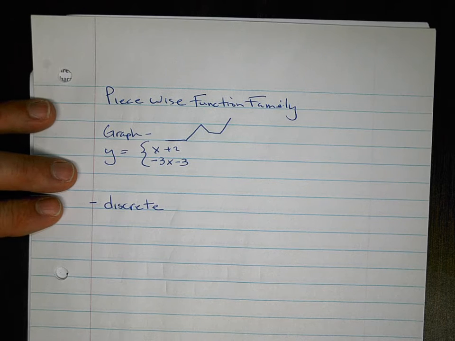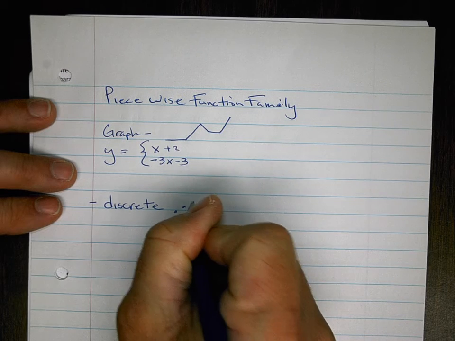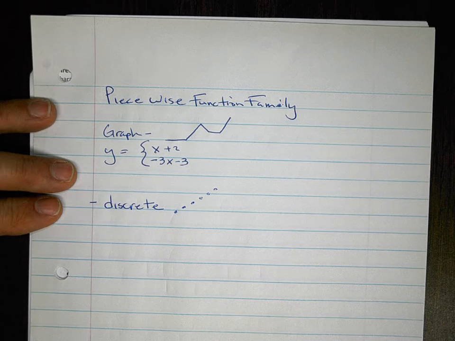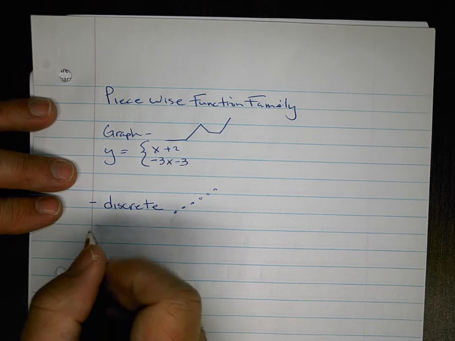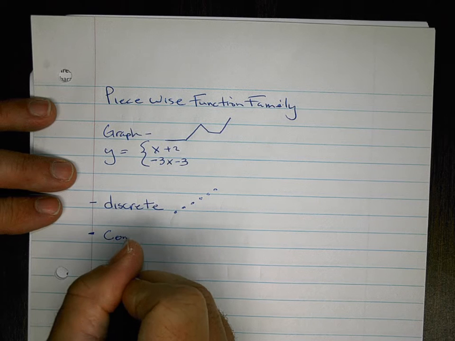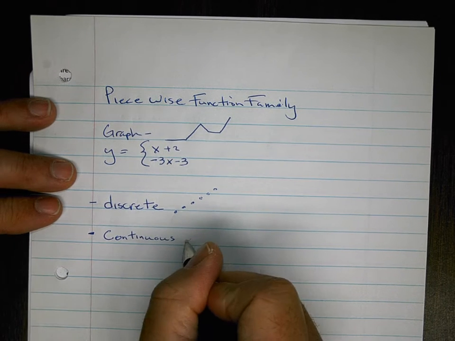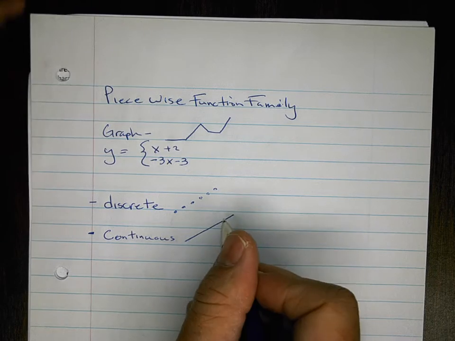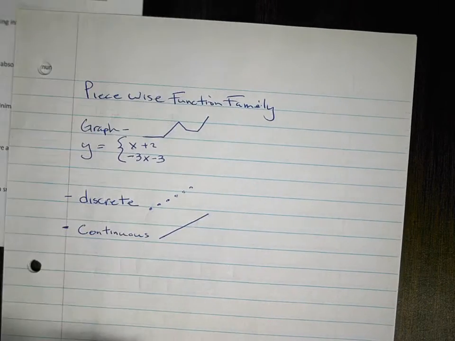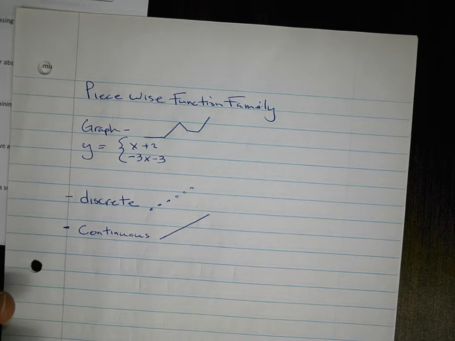Dotted, that's right. A discrete graph will be dotted. And then the opposite of discrete is continuous. And that would be just a solid line, right? Okay, so we have discrete and continuous. We have obviously a straight line. We've already talked about that.